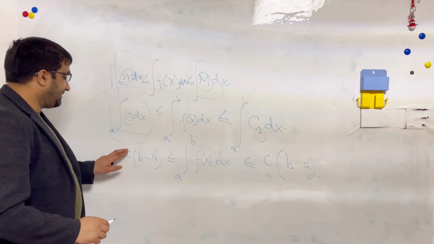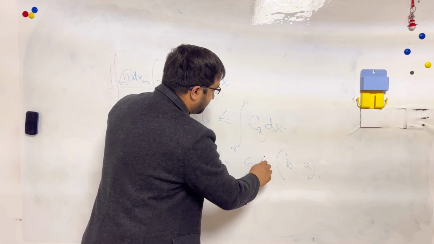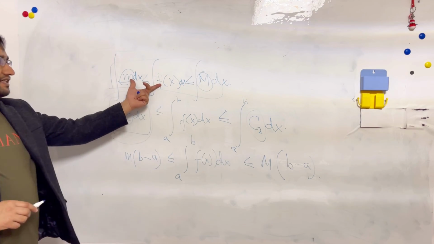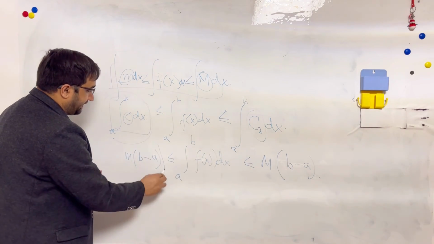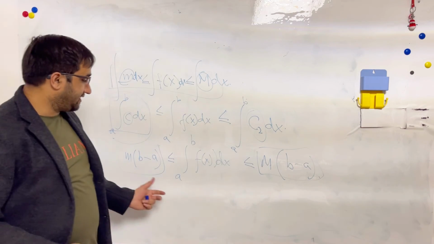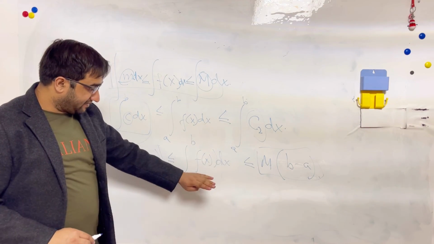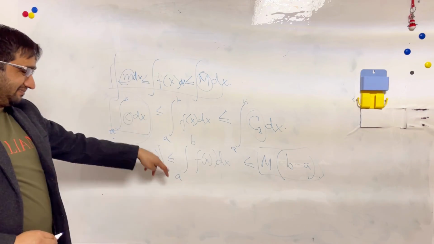But this c is small m, so I replace it. This c is capital M, so I replace it. So if you have this kind of situation, then your answer will always be contained in these two numbers. Whatever the answer of these two numbers, the integral of this function will always be in between these two.